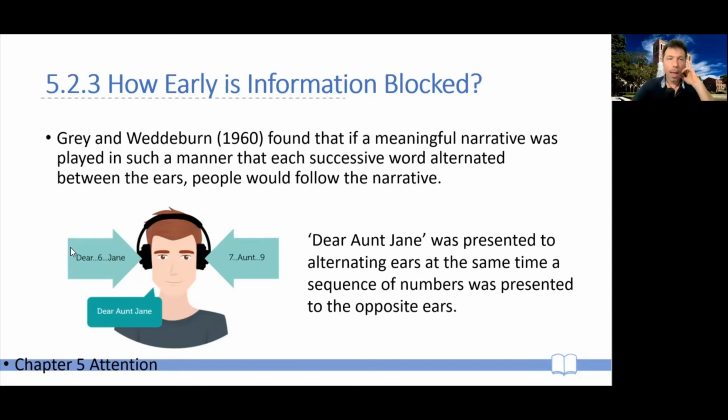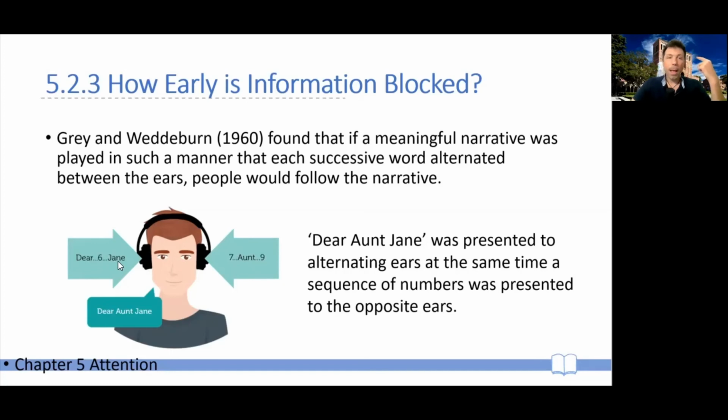For example, perhaps you're shadowing the right ear, so you're supposed to say dear, 6, Jane. However, if in the other ear you hear, with good timing, the word aunt, then people typically say, dear Aunt Jane.